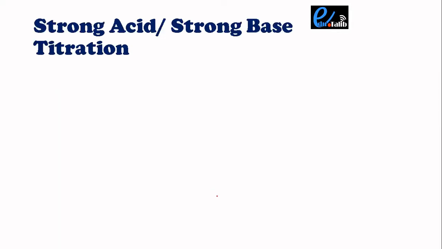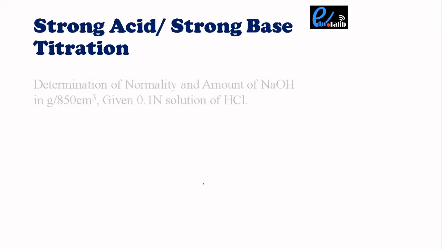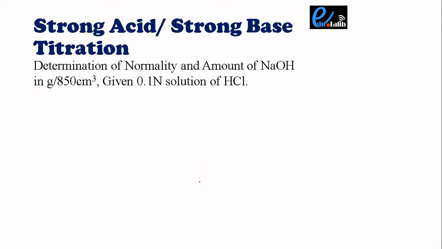Moving to the next point, this is the first classification of the acid-base titration, that is the strong acid and strong base titration. This is objective 1: the determination of molarity and amount of NaOH. NaOH is the base, and as you remember, it is a strong base, in grams per 850 centimeter cube.